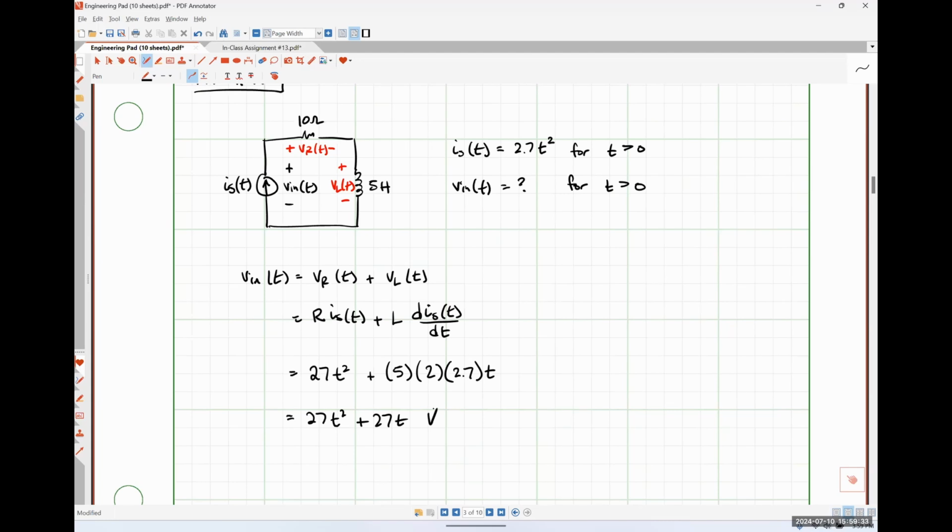Let me look at problem 5. Problem 5 is a similar thing. It's looking for In as a function of time valid for all t greater than 0, so it's looking for a function as well. Looks like you do have a function put in here.